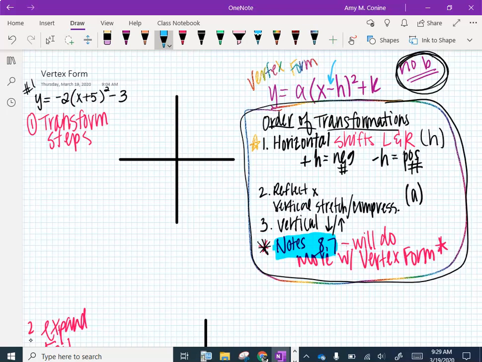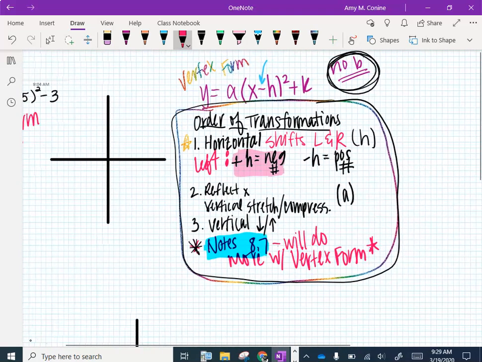So when that minus sign is a plus, that means you have a negative number inside that space. So you're going to shift left when it's a positive number in there. It's kind of the opposite of what you would think.